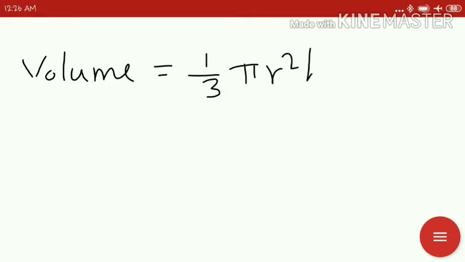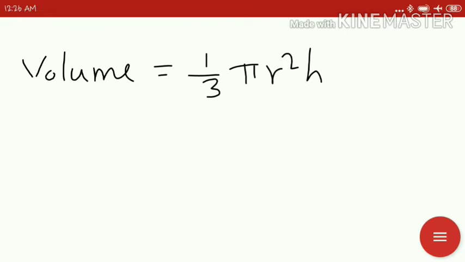Another thing is the volume. The formula to find the volume of a right circular cone is 1/3 pi r square h. That means 1/3 of the volume of a cylinder.